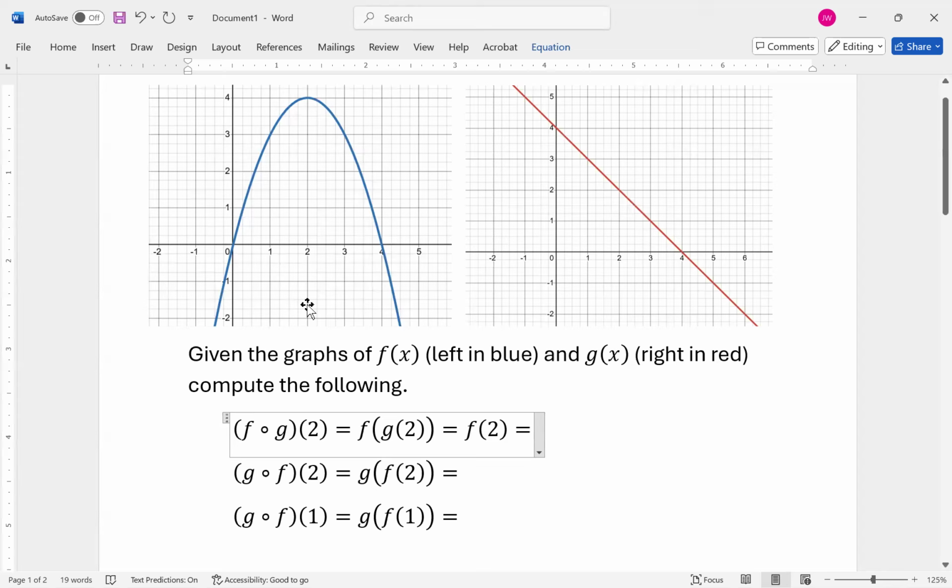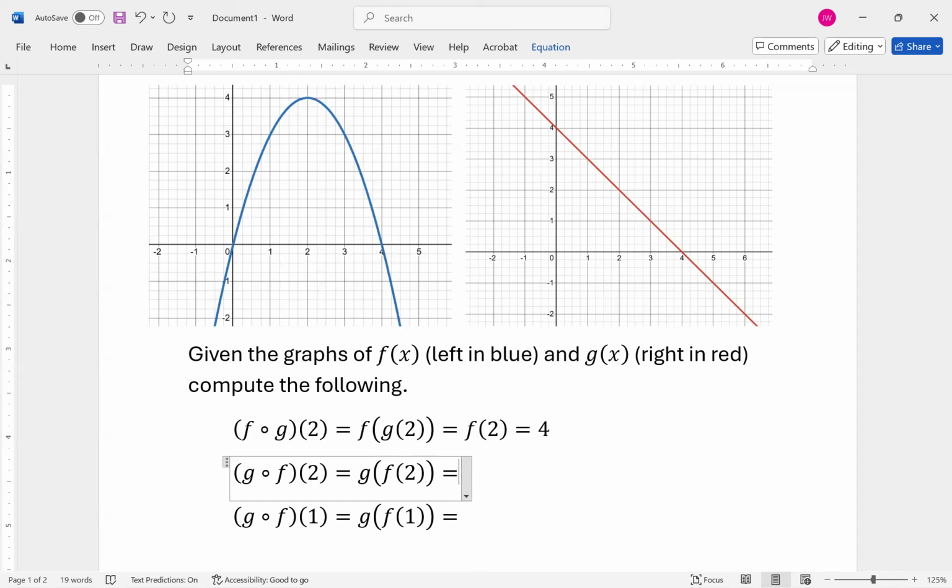F represents the graph on the left, and when you plug in 2, you get an output of 4 because your graph goes through the point 2, comma 4. So f of 2 is equal to 4, and therefore f of g of 2 is equal to 4.